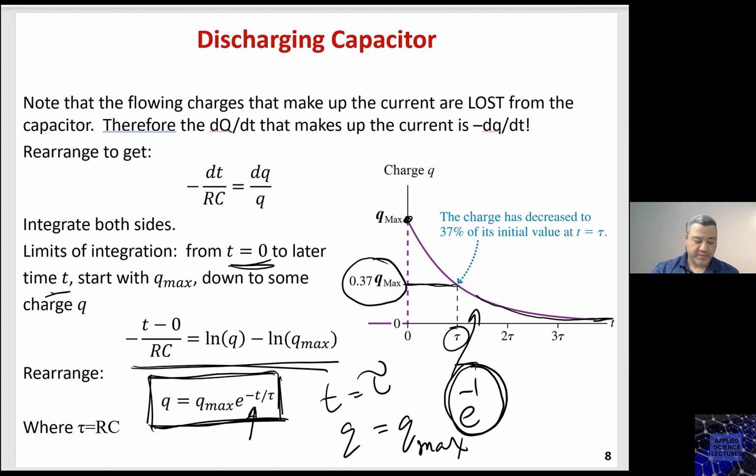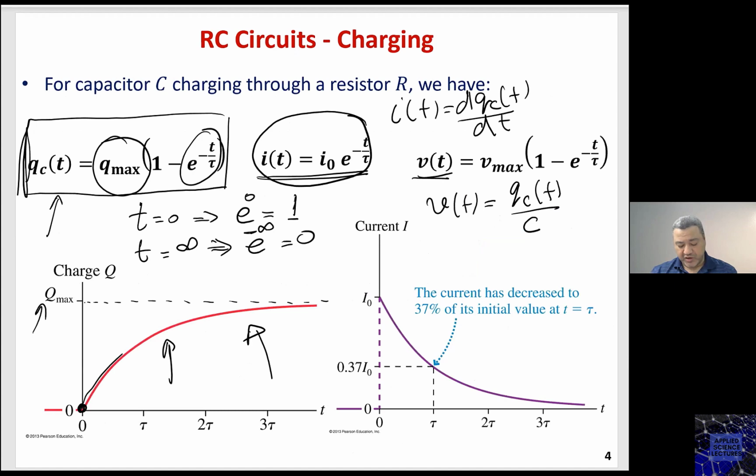which is 0.37 Q max. Now, if I just jump back to the capacitor that is being charged, at tau, again, this one is 37% from the final destination. So this is the final destination.